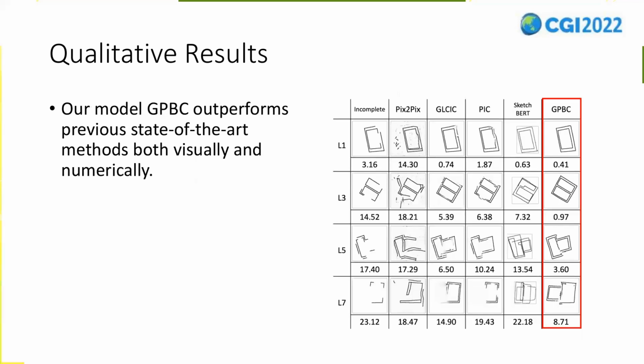Furthermore, we compare our method JPBC to 4 recent methods, which are Pix2Pix, GLCIC, PIC, and Sketchbird. As you can see, our model outperforms previous state-of-the-art methods, both visually and numerically.